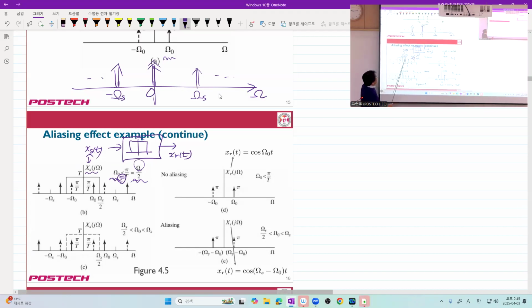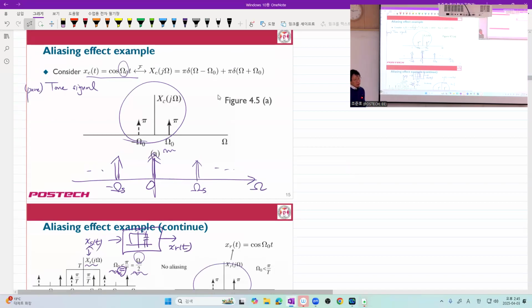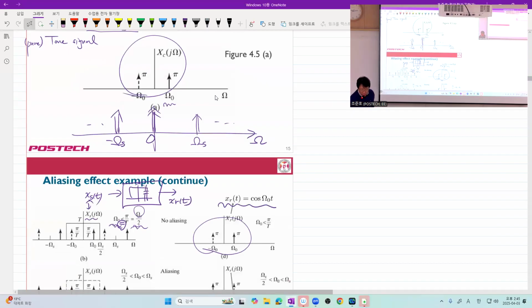And if the height is properly scaled, so T, and I believe 1 over T, then you have your original spectrum back. So you may say that, hey, the output is a perfect reconstruction of the input. So far, no aliasing, nothing unwanted is coming.